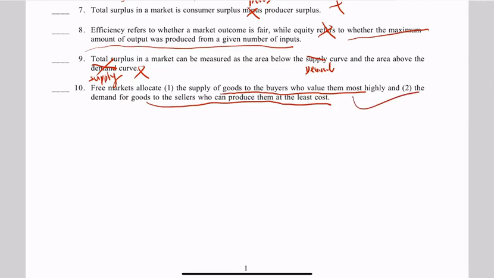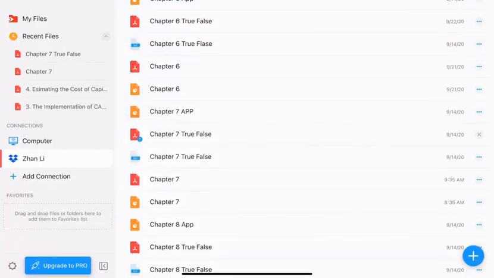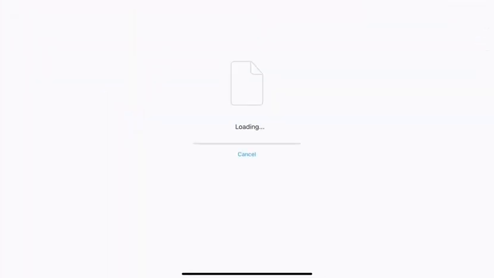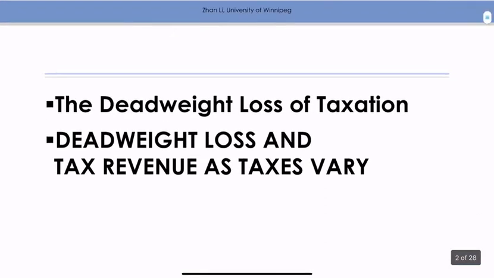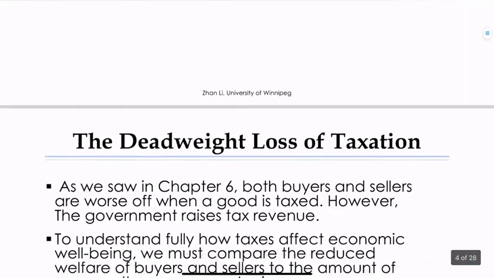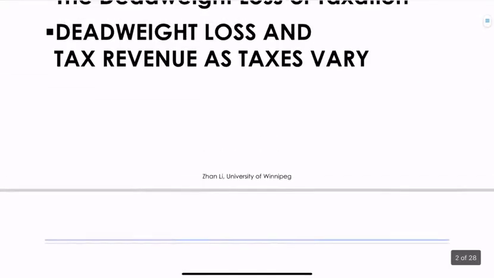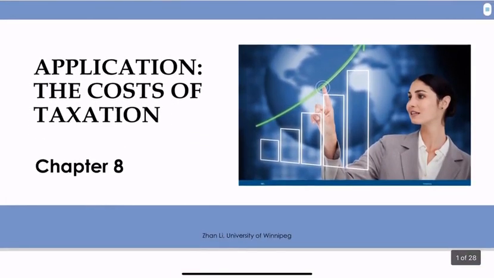Okay, I have several minutes left. So let me start chapter 8. I would just start maybe with the first several pages in this lecture note. Chapter 8 is about thinking about taxes, right?